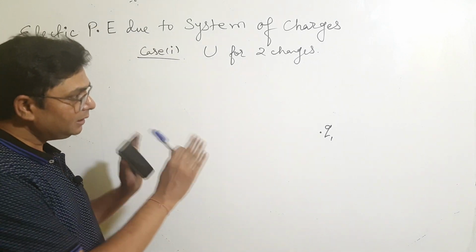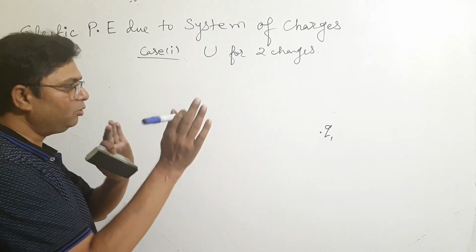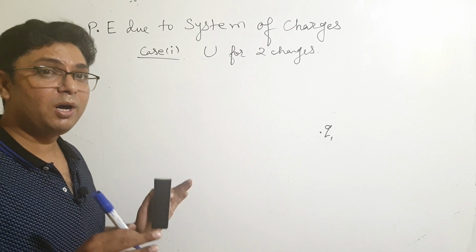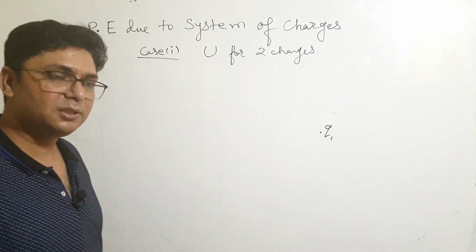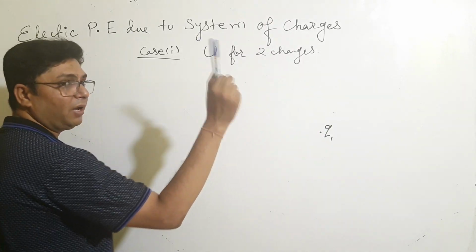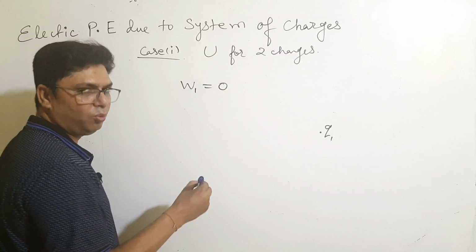Since there is no other charge on this board, no work is required. This means that the work done in bringing this charge Q1 from infinity to this point, W1, is equal to 0.